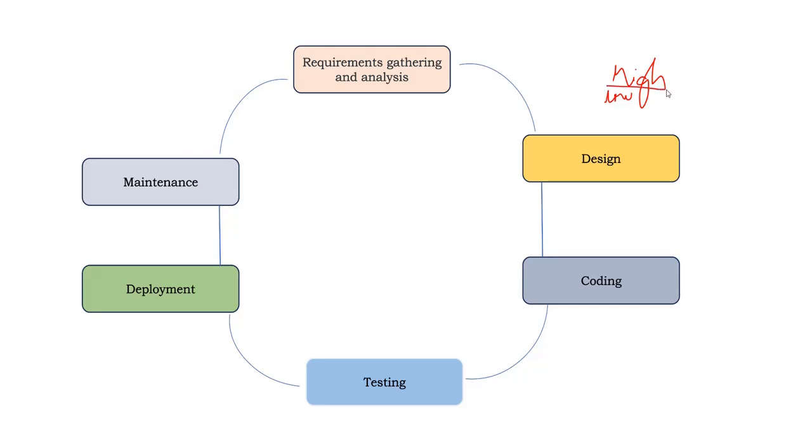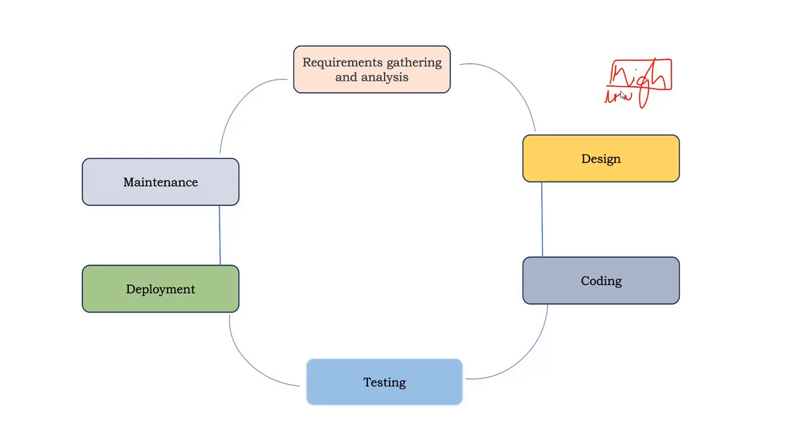Whereas low level design describes how each and every feature and every component in the product should work. Those will be described in the low level design, which is part of the design process itself.